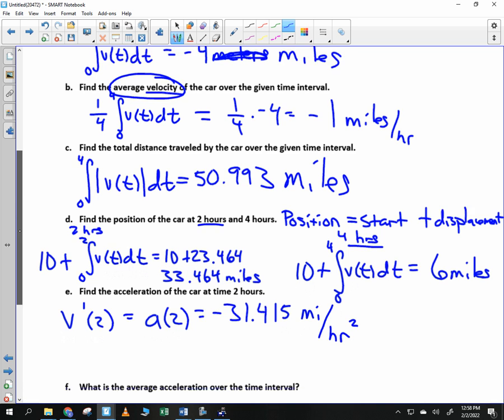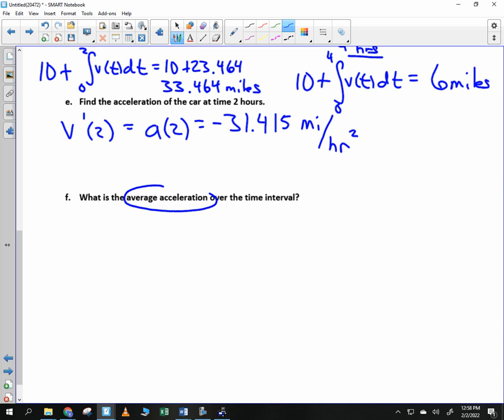True. Here, average acceleration. True or false? You have the acceleration function. You don't, do you? So, when you're asked to find instantaneous velocity, you do derivative. When you're asked to find the average rate of change, you do slope.